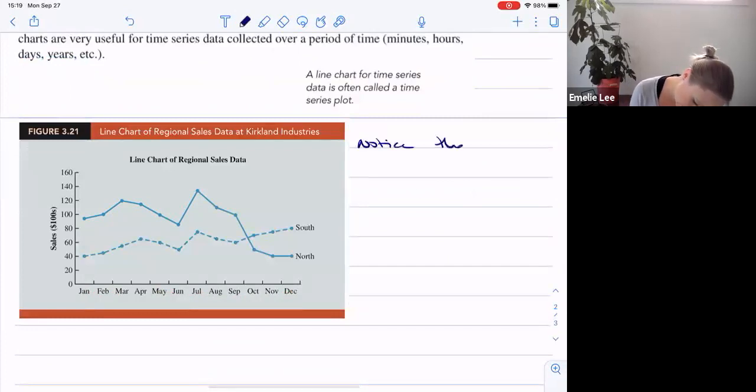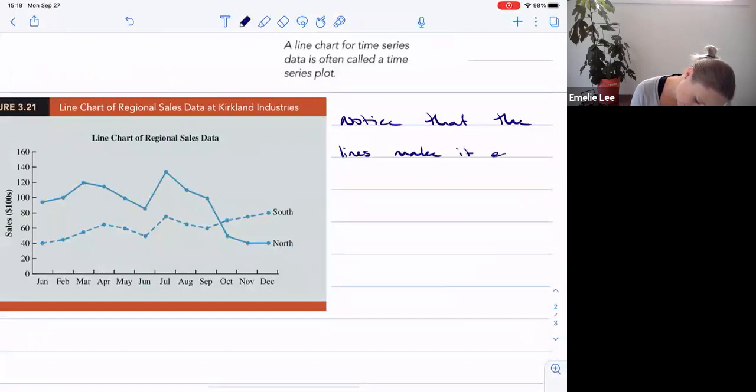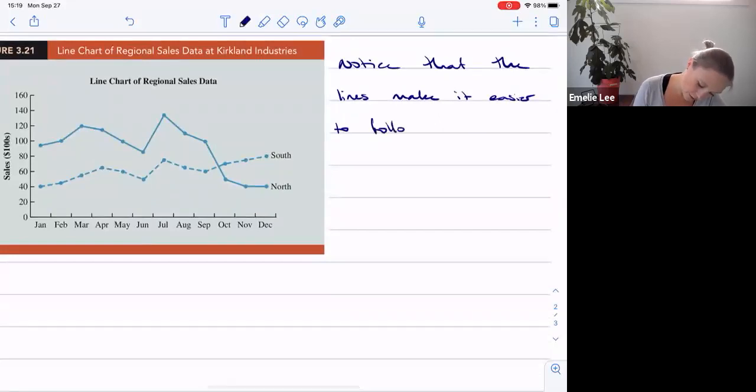Notice that the lines make it easier to follow or even detect trends over time.